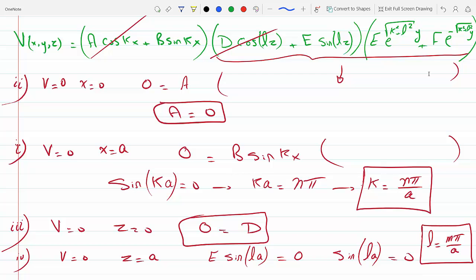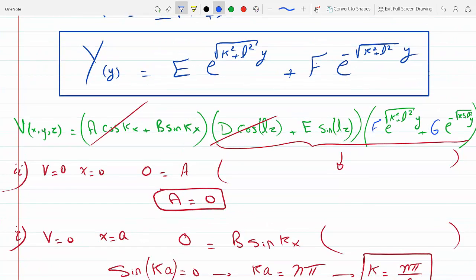I can absorb the B and the E. B, D, E, oops, this is supposed to be F and G here. I can't use the same. Okay, F and G. Let me do this: call this G, or whatever. If I switch them, G, F.